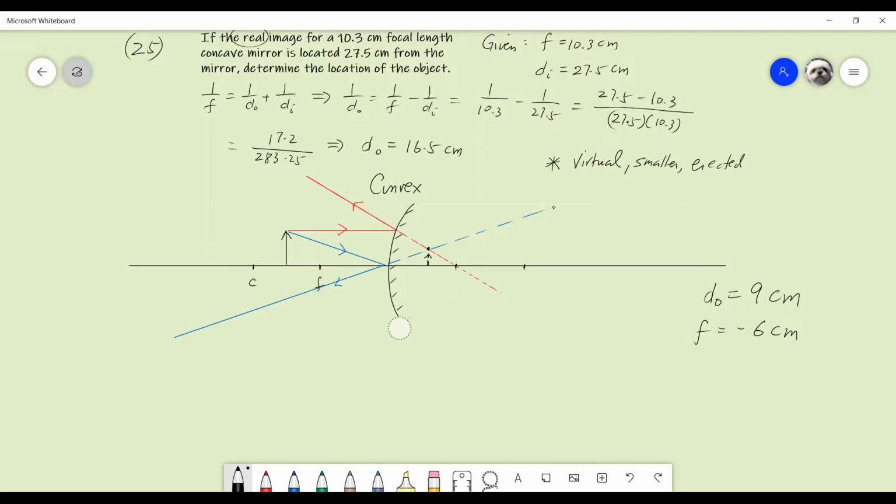Now I'm going to calculate that. I want to find the DI. I'm going to jump a step: DI is equal to 1 over F minus 1 over DO. But look at this equation here.